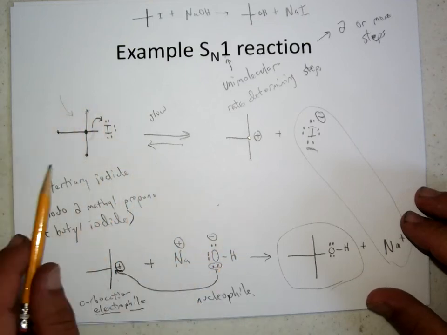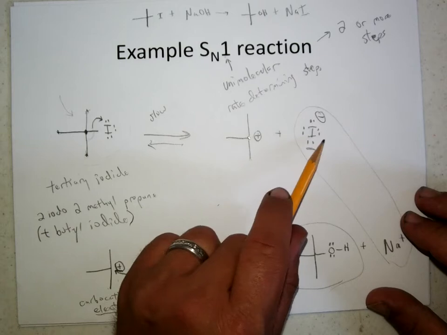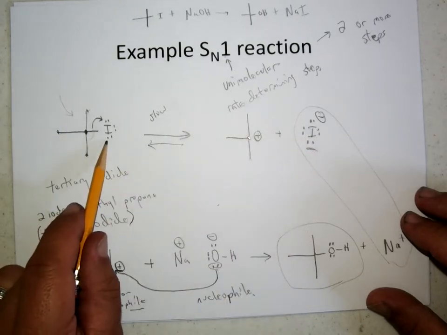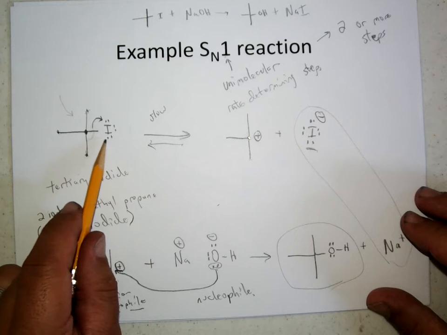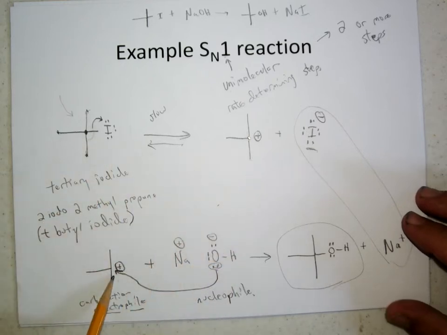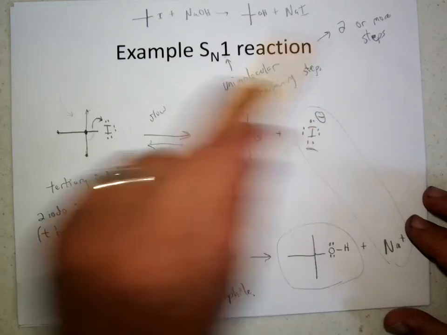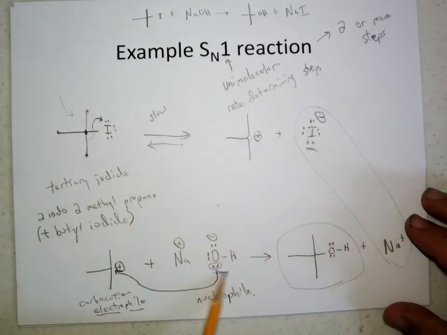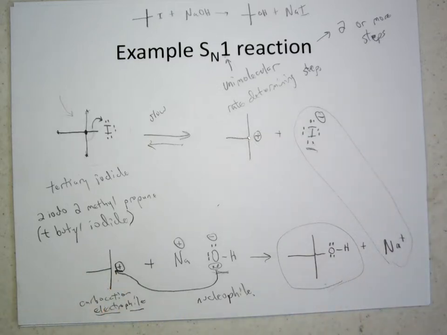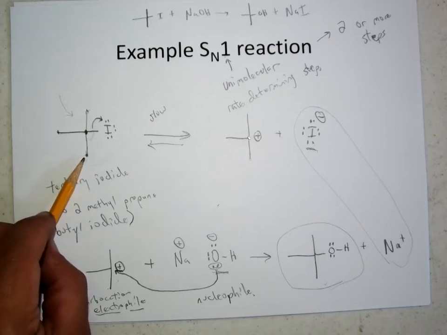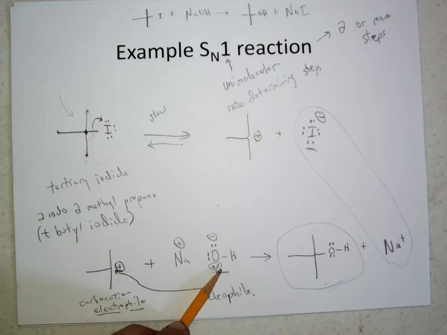So if you had a lot of iodide in solution, they'd fall off, but then they'd swarm back on and be stuck with the iodide. You wouldn't be able to get anything to form from there. But if when the carbocation forms, there's very little iodide, it wanders off in solution, and there's tons of hydroxide, that'll jump on the carbocation, and you'll end up with lots of the alcohol. So if you have lots of iodide around, you get the iodide product. If you have lots of OH minus, hydroxide, you get the alcohol product. So you can often control what your product is, mechanism being the same.